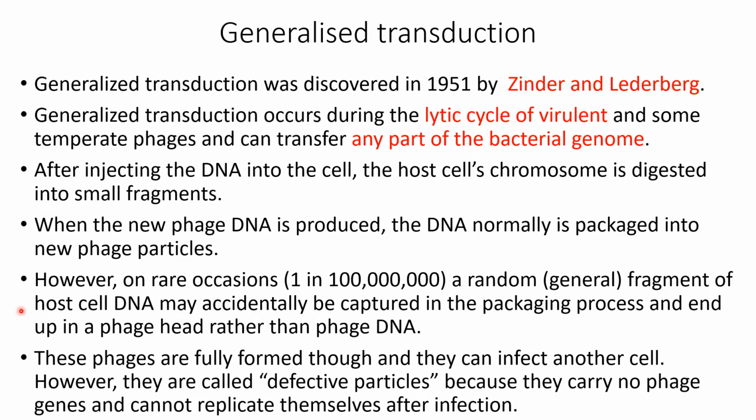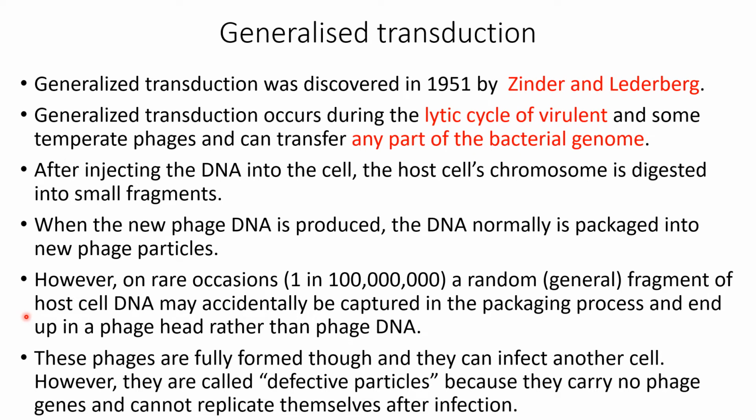Now in the third stage, a rare event happens. What is it? On rare occasions, that is 1 in 10 to the power of 8 cells, one cell might undergo this rare event. What happens here is a random fragment of bacterial DNA may accidentally be captured in the packaging process and end up in a phage head with the bacterial DNA rather than the phage DNA.